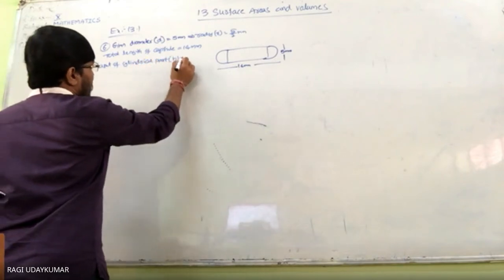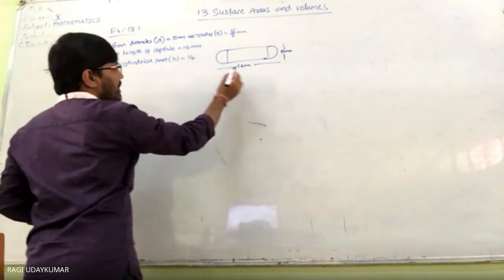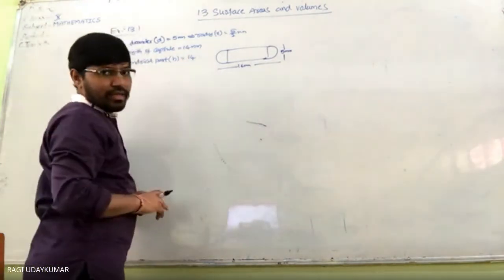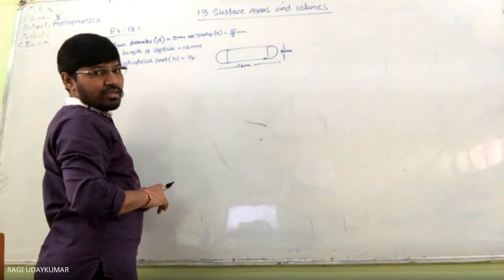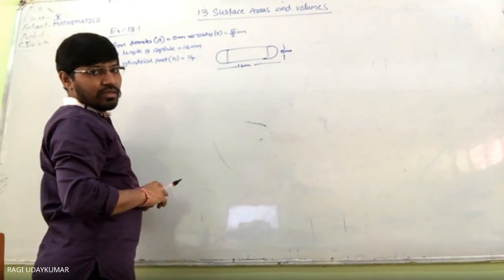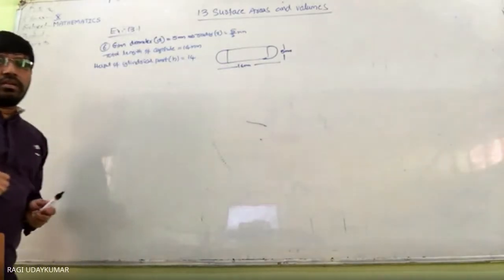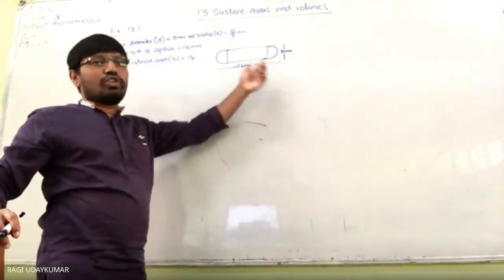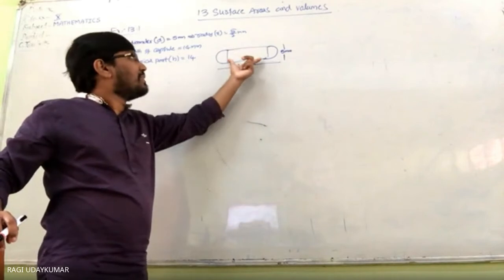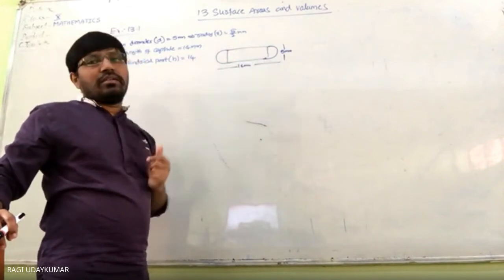This you can represent by h. The total से क्या subtract करना है? Can anyone say? Yes. Total length से what should be subtracted to get this only height of the cylindrical part.